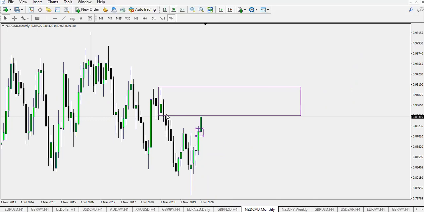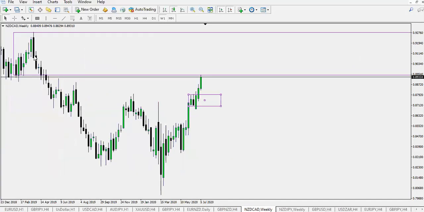So we also know that there might be a chance on the weekly and the daily that those imbalances are filled, but we can see reaction off of this monthly order block right now. It's a very small reaction. If we measure that, it's about 22 pips, but that is the initial reaction we are seeing off of this monthly order block. So the weekly indicates to us price can potentially continue higher over here.